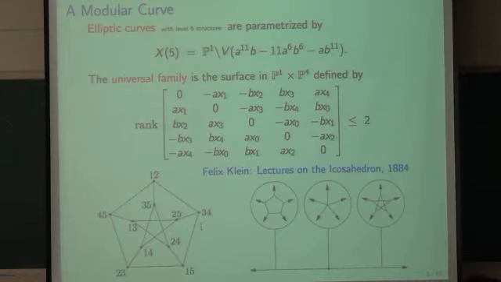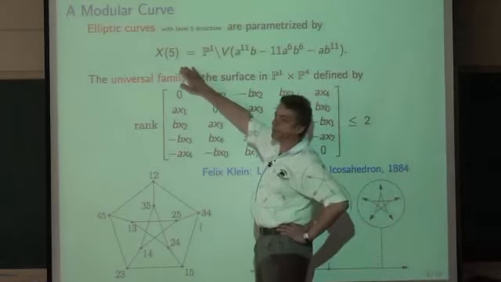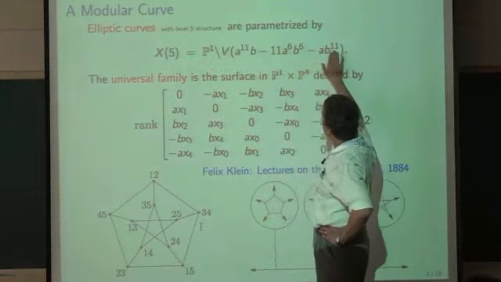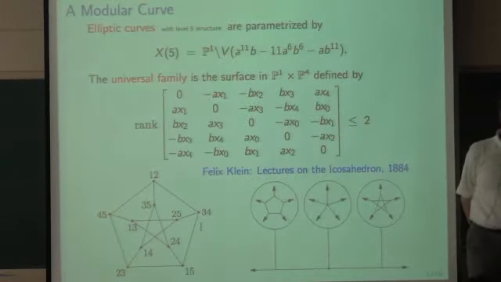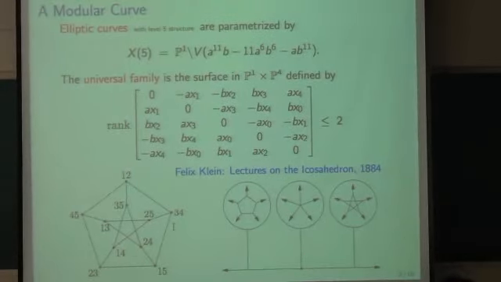So let me give you an example of a modular curve. X5 is an example of a modular curve. It's the projective line with 12 points removed. So this binary form defines 12 points in P1. In any case, this is essentially P1, and I'm going to call that the modular curve X5.